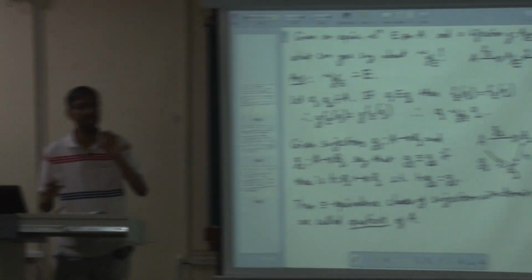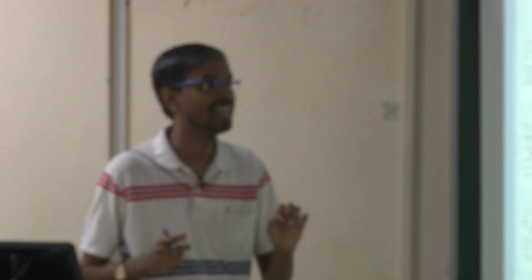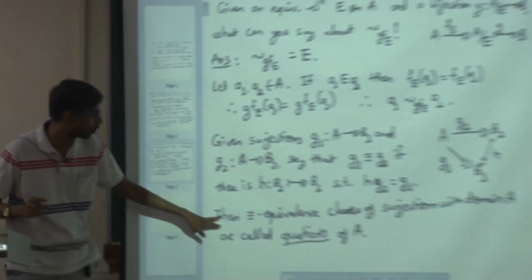If you remember, the exercise sheet said that there is a one-to-one correspondence between equivalence relations and quotients. So this is what a quotient is. And there is one more thing which is in bijection with equivalence relations, that's partitions.